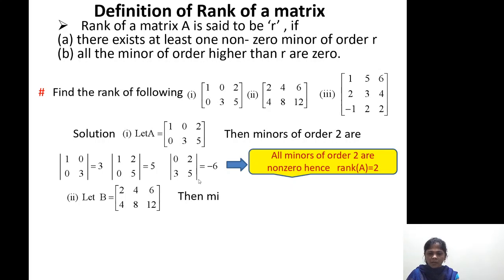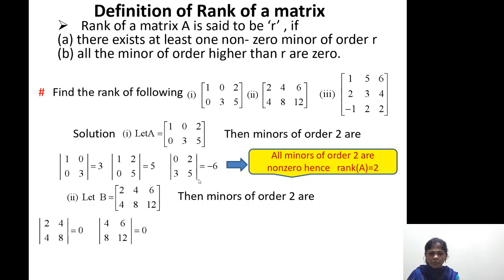Now remember, in order to decide the rank of the matrix, it is not necessary to find all the minors of that particular order. Once we get a minor of a particular order non-zero, it is sufficient to give us the rank of the matrix. Here I will find the minors of order 2. As the first minor is 0, let us find the second minor of the same order.